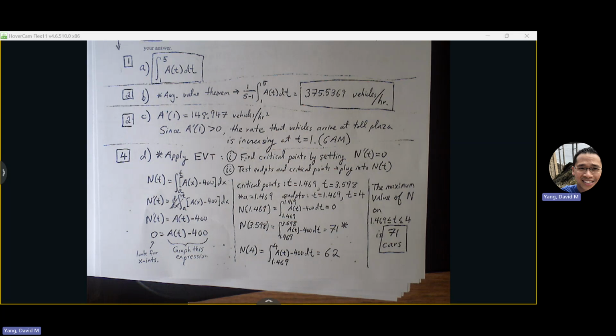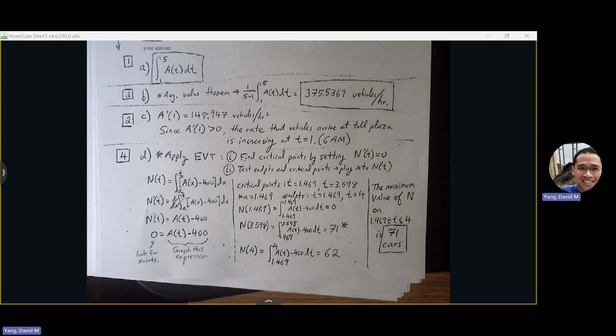And the strategy there is you graph the derivative, and then you look for the x-intercept. So A(t) minus 400. You may have to adjust your windows so that you can actually see a curve hitting your x-intercepts, and they should come in at 1.469 and 3.598.